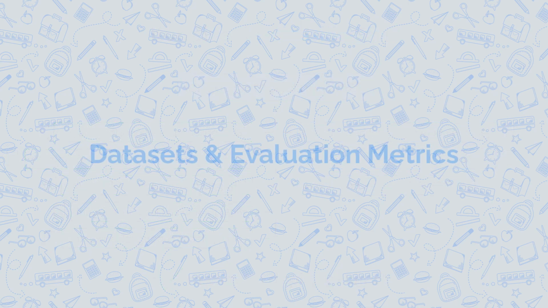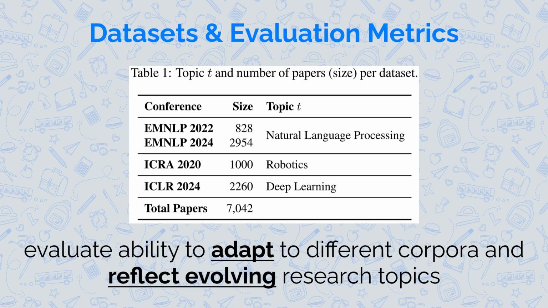In order to evaluate TaxoAdapt, we utilize multiple datasets spanning more than 7,000 papers from EMNLP 2022 and 2024, ICRA 2020, and ICLR 2024. These conferences cover NLP, robotics, and deep learning topics.